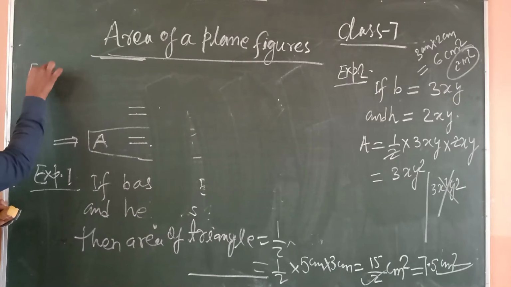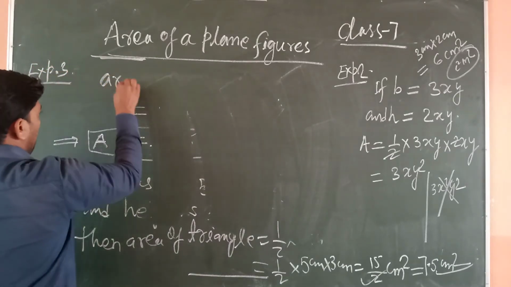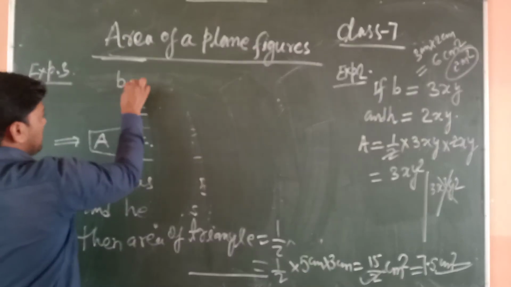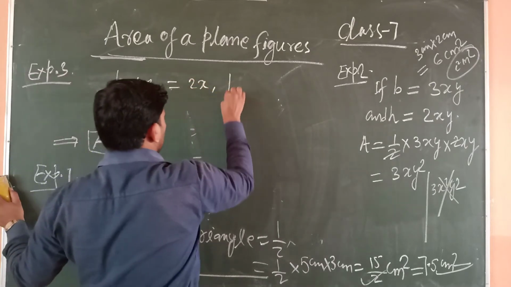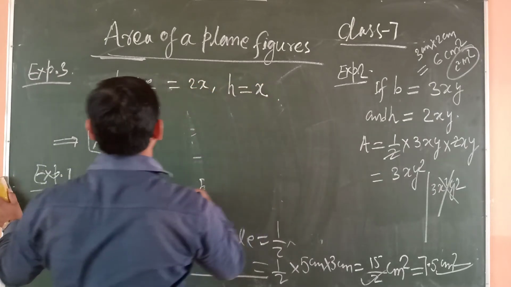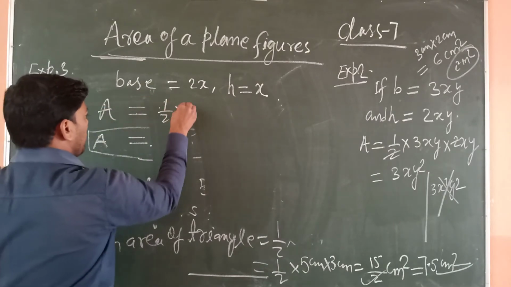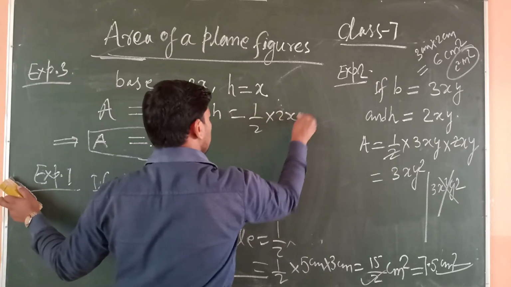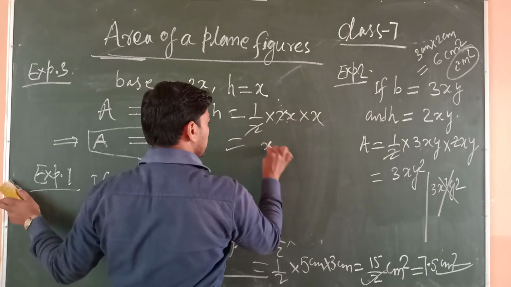One more example, example number 3. If base is equal to 2x and height is x, then area is equal to 1/2 into base into height, 1/2 into 2x into x. The 2s cancel, x into x, x square.